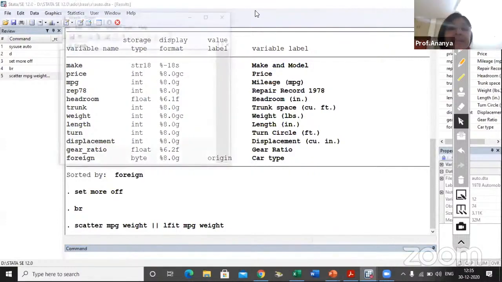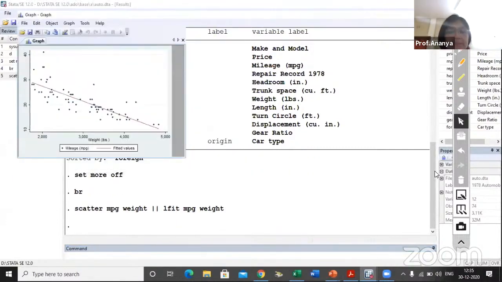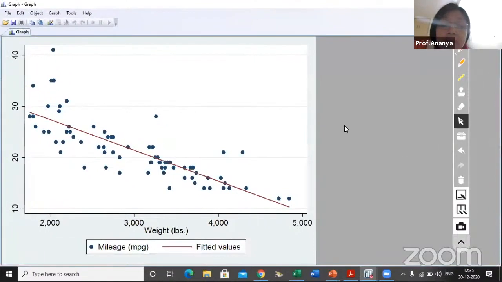Yeah, so there you are. For those of you who couldn't get it, you simply type scatter mpg weight, put the two straight lines, which is just above your slash key, and then type lfit mpg weight, and it gives you this particular regression line.